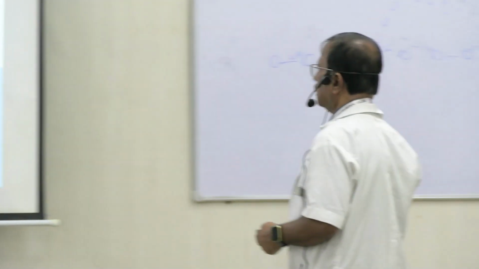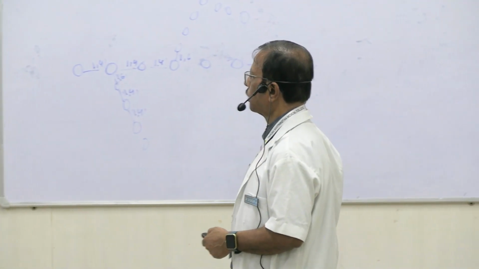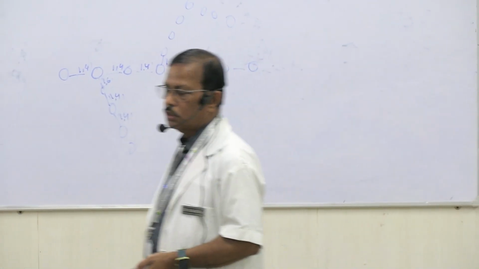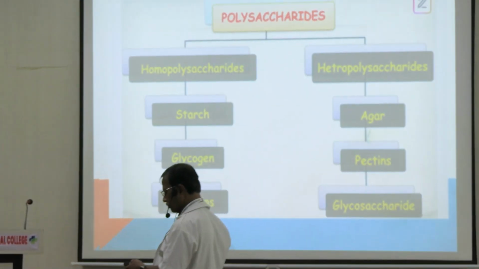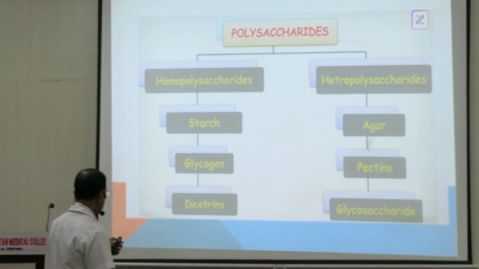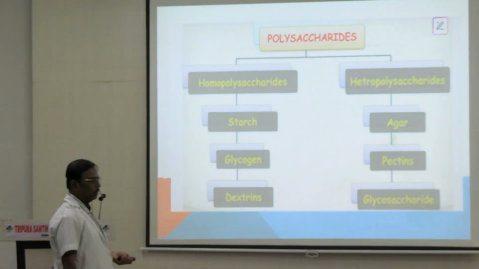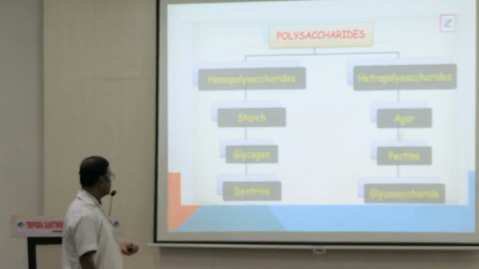And when they are different, it is called heteropolysaccharide. These heteropolysaccharides are also called glycosaminoglycans or proteoglycans. Examples of homopolysaccharide: starch, glycogen, dextrin.